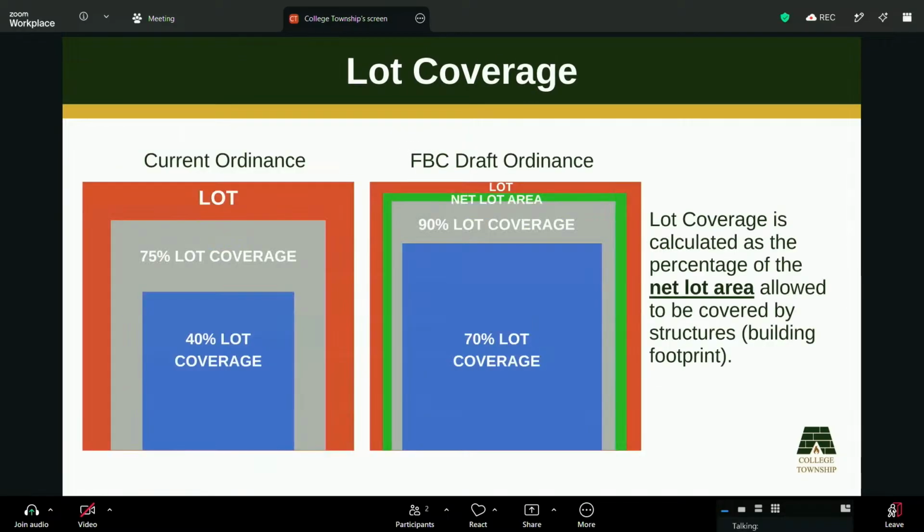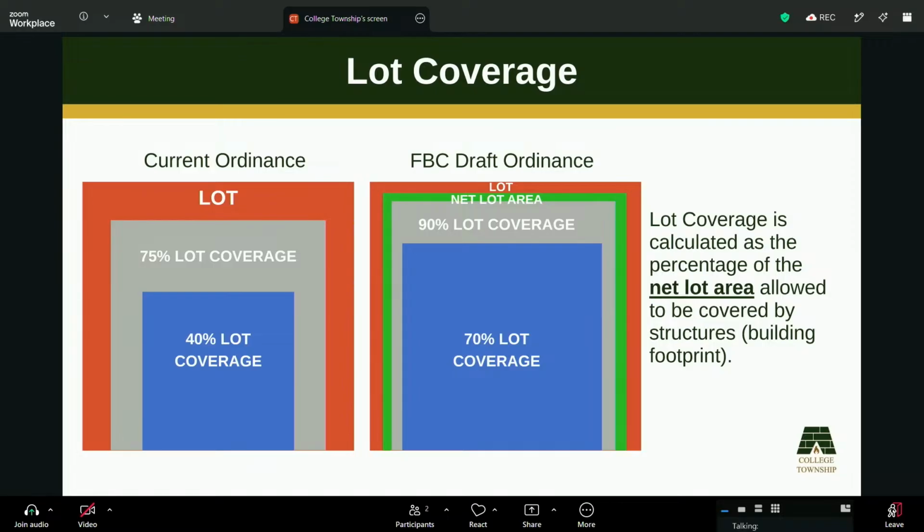So you'll see on the current ordinance, the red represents the size of an existing lot. And then our current lot coverage is 75% or 40%. You can see that representation there. I will say it's not exact. We did as best we could to show that representation.